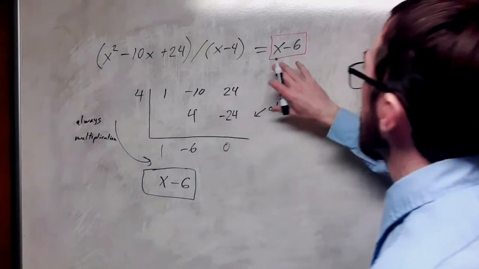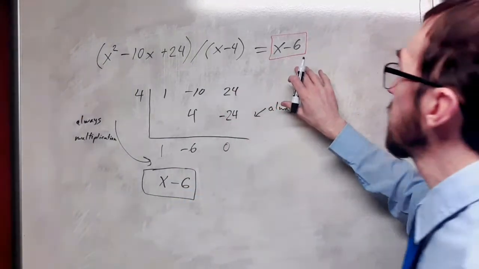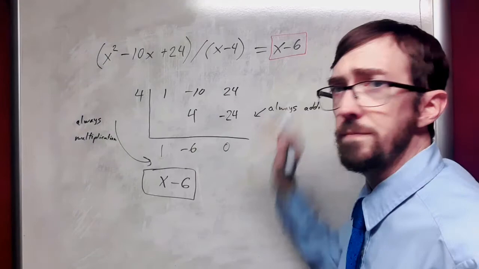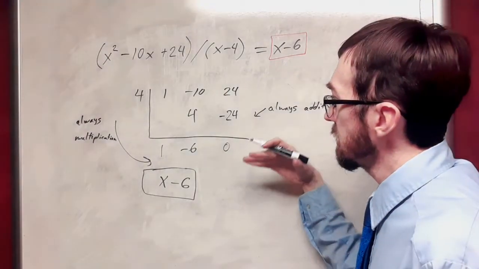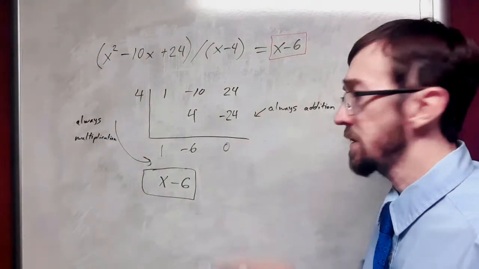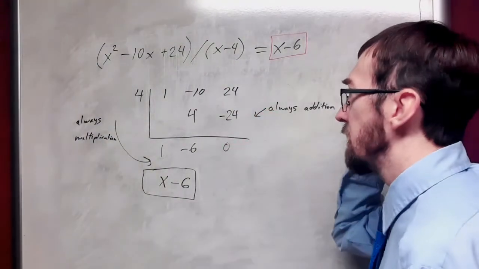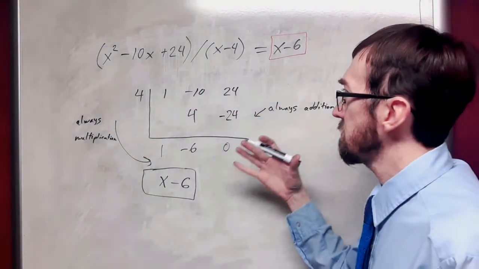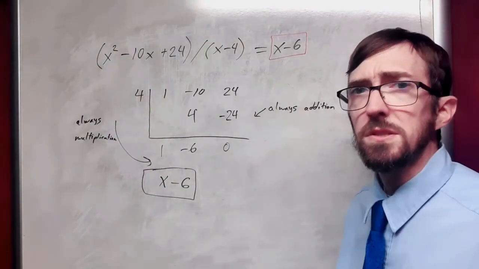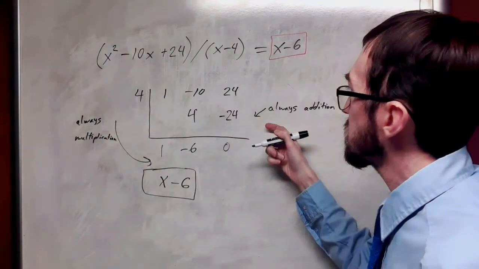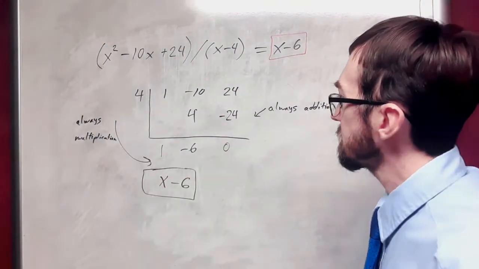And that is exactly what we got when we did the long division. So we've done a division step here, synthetic division, that has gotten us the same result. As you notice, this seems to have fewer moving parts to think about. It's only addition and multiplication.